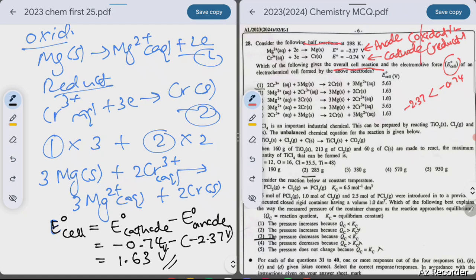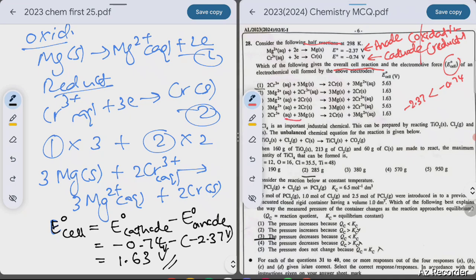In this overall reaction we are getting 3 magnesium solid, so 3 magnesium solid is present in this one and the first one.